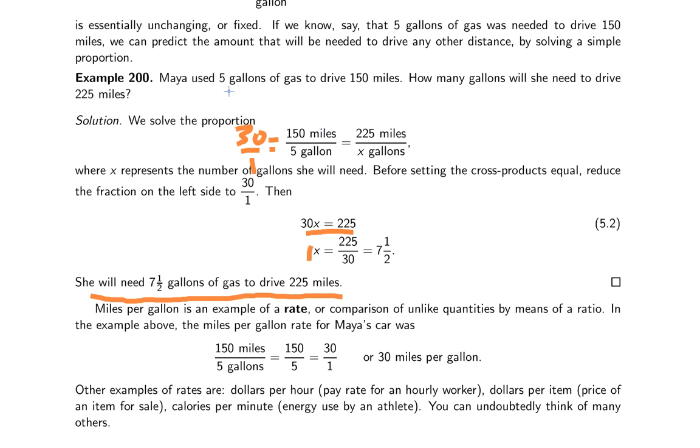So 5 gallons gets her 150 miles. Half of this, 2.5 gallons, gets 75 miles, and then add those together. Yep.